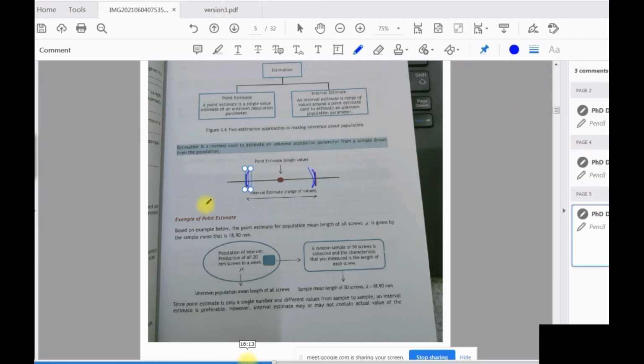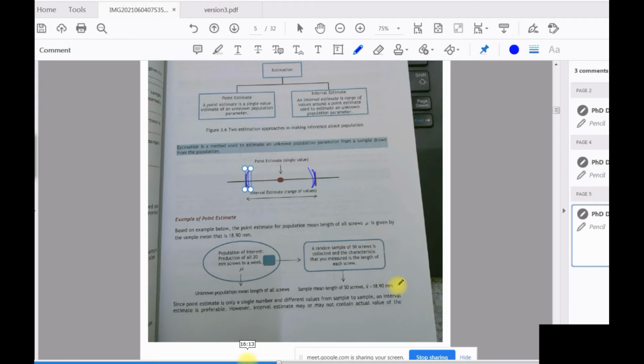For an example of point estimation, the population of interest is the production of all 20 mm screws in a week. For the sample mean length, a random sample of 50 screws is collected, and the measure is the length of each screw.